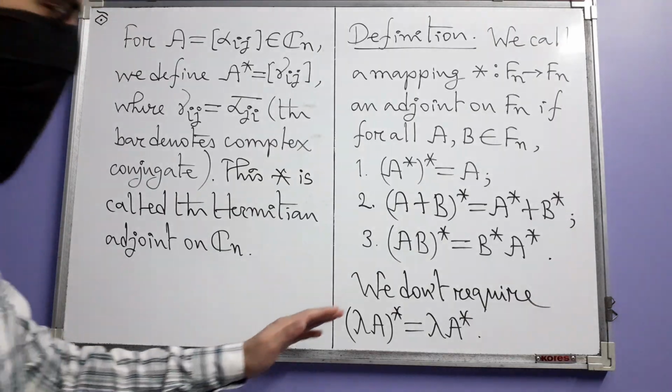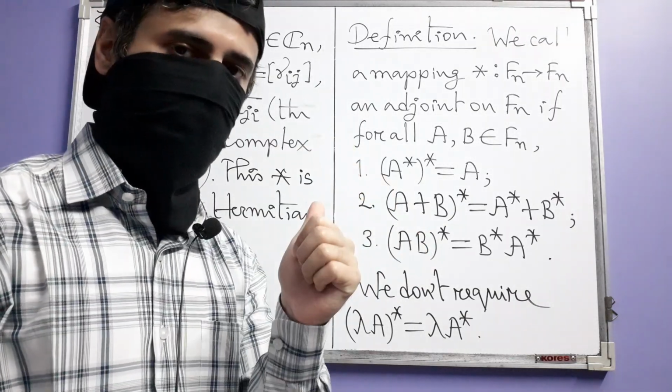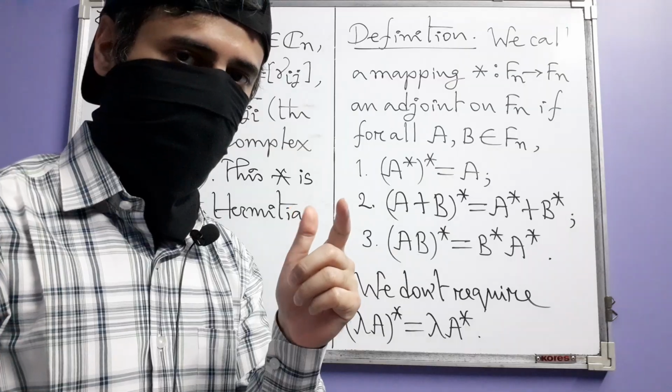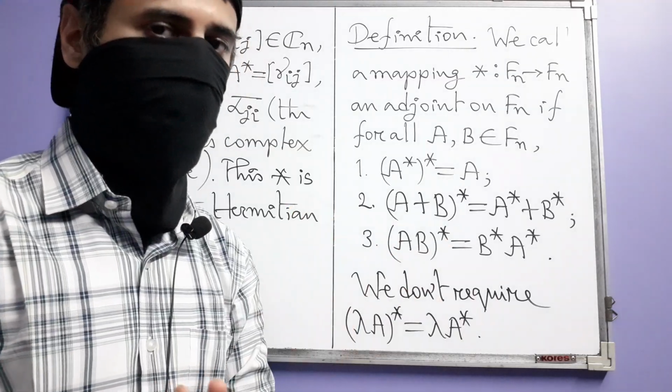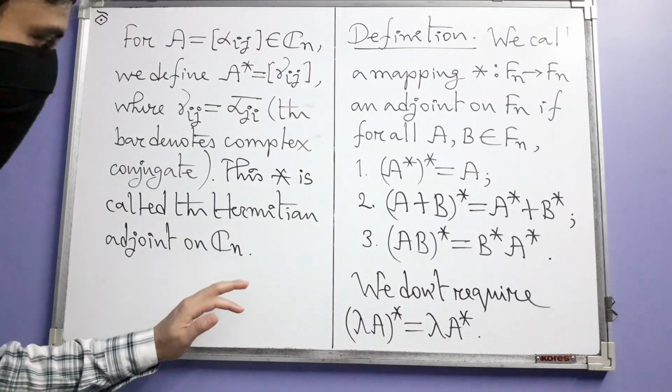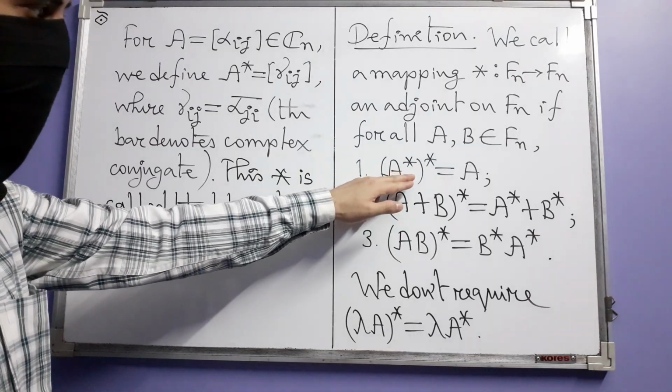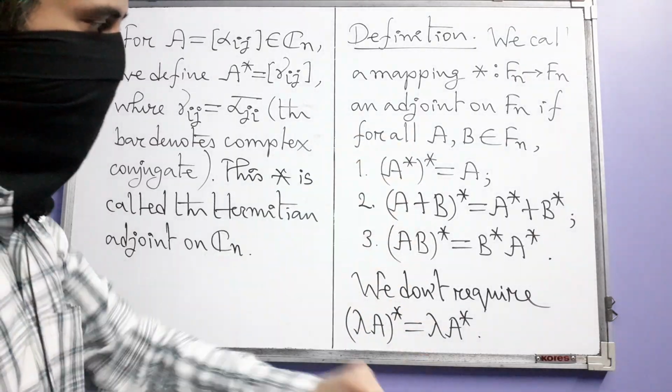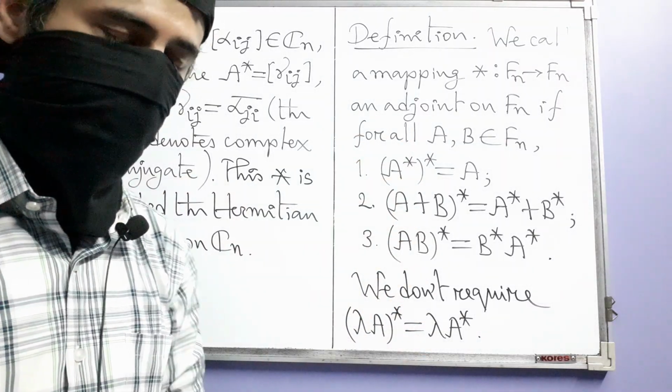Now, see, after defining our original transpose, we used it to define then symmetric and skew symmetric matrices. The same thing we can do for a general adjoint function as well.